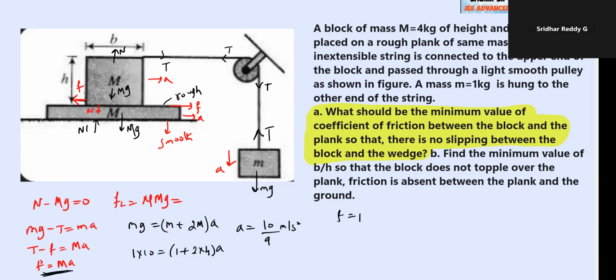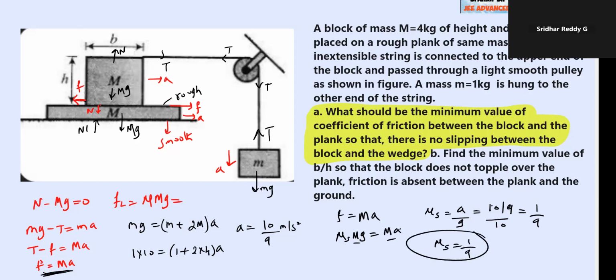We know f equals Ma, f equals mu s mg equals ma. The m's cancel. Mu s equals a by g. a is how much? 10 by 9 by 10. This is your answer, the minimum coefficient of friction.